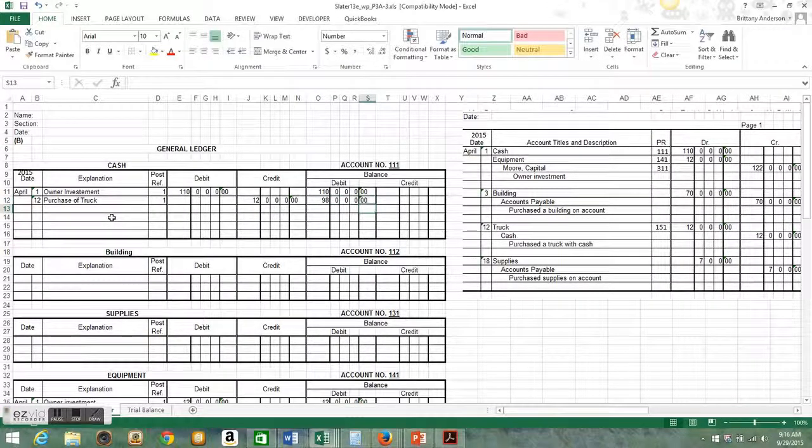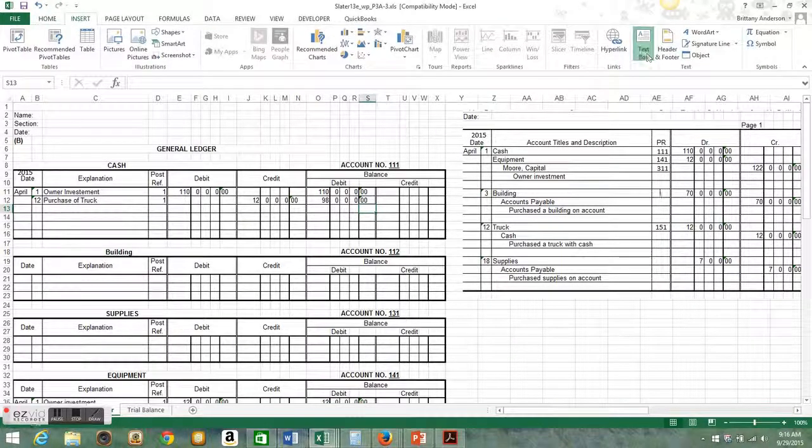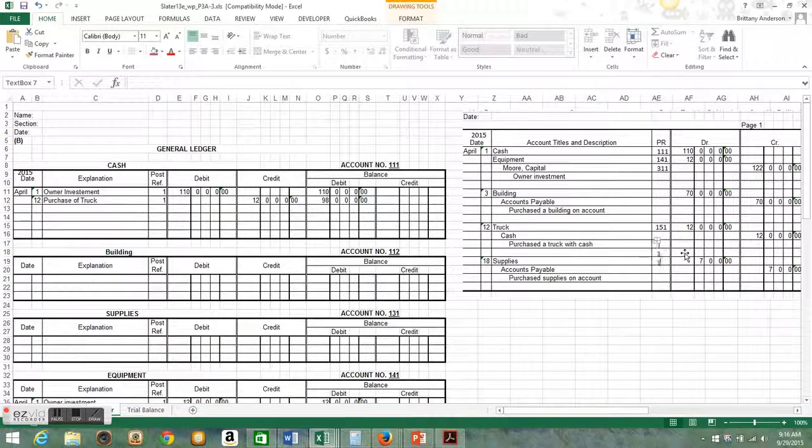And I'm just going to reflect the difference between my debit balance of $110,000 less that $12,000 that we paid out. My balance is $98,000. And I would then put my posting reference in for 111.